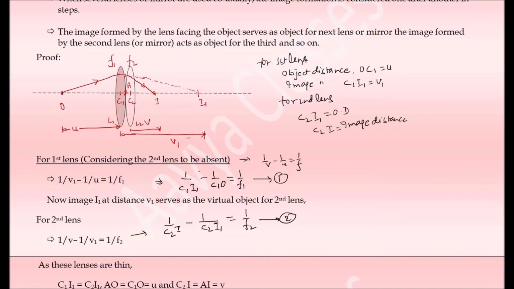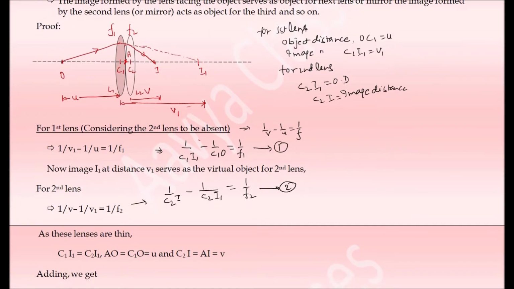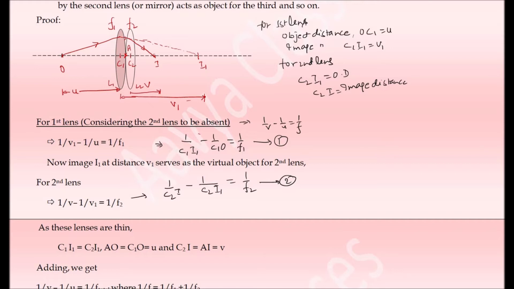So basically we have got two equations. Now we have to understand the focal length of this combination. This light ray is refracted from both lenses, and to calculate the equivalent focal length, we have to consider the contribution of both lenses in the refraction of the light ray. So for this we will add these two equations 1 and 2.